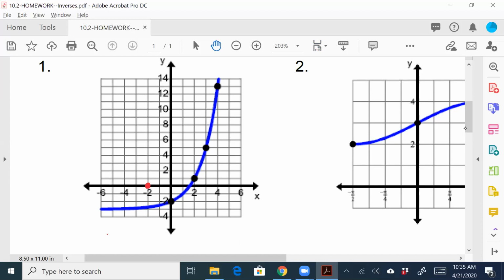This point here is at 2, 1, so I go to the point 1, 2. I put a dot there. Up here, this is 3, 5, so I go to 5, 3. And this point at 4, 13 would be at 13, 4, and it'd be somewhere off here.